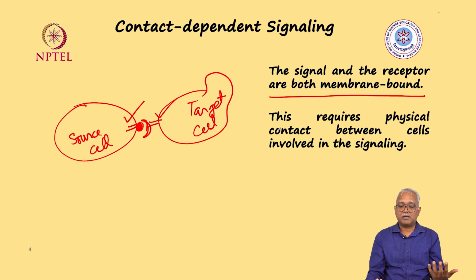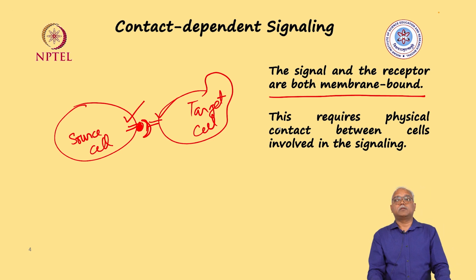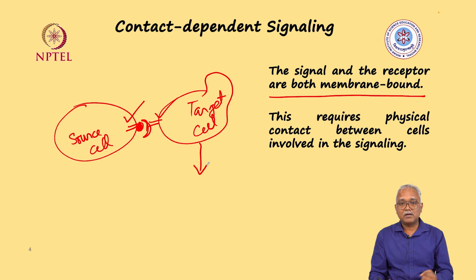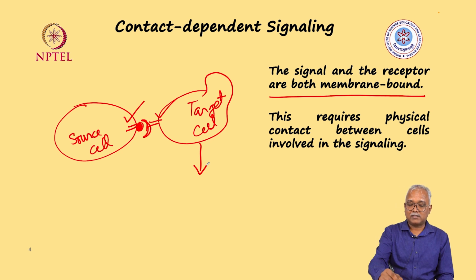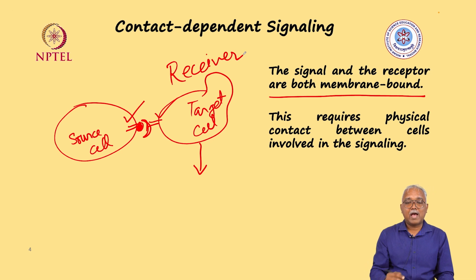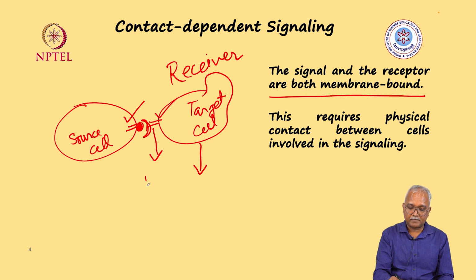So these two cell types engaging in contact dependent signaling will show some distinct features which we will discuss later. However, one thing I would like to emphasize: whenever we talk about the signaling process and the target cell, we by default understand that the target cell is the receiver, and one of its characteristics is to have the receptor.